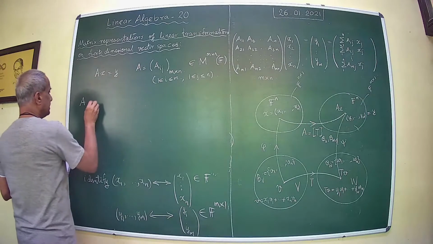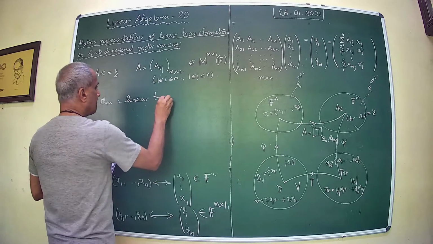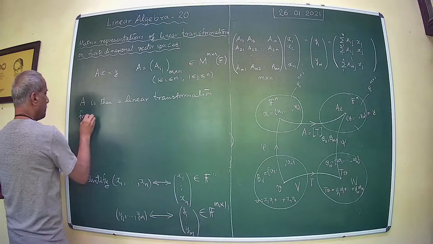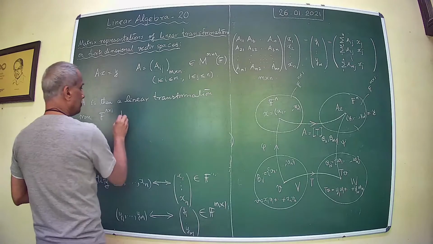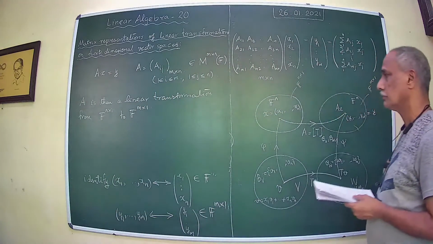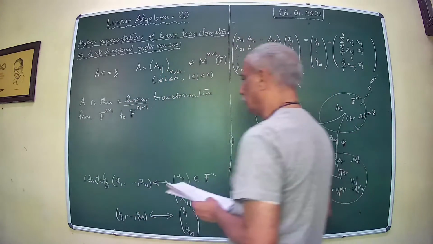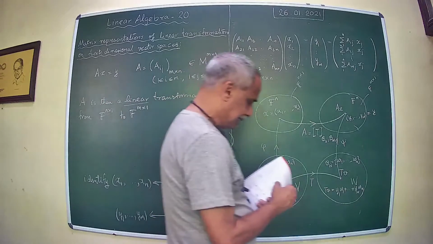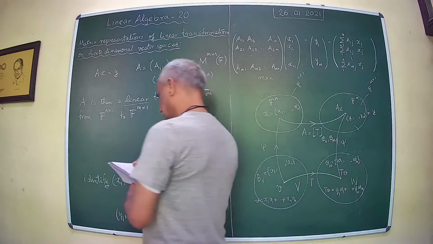Now A is linear, and to prove this linearity, okay, let us prove this.